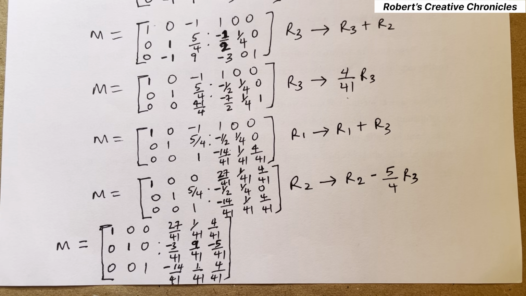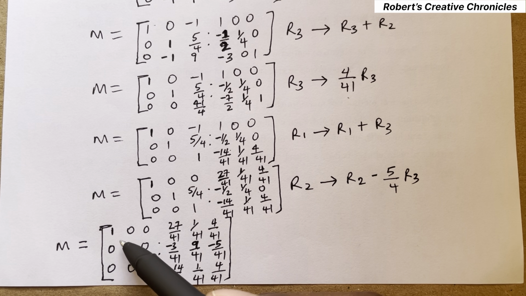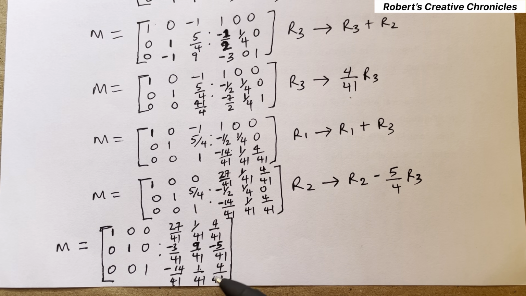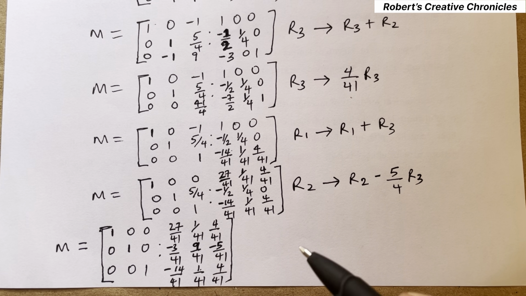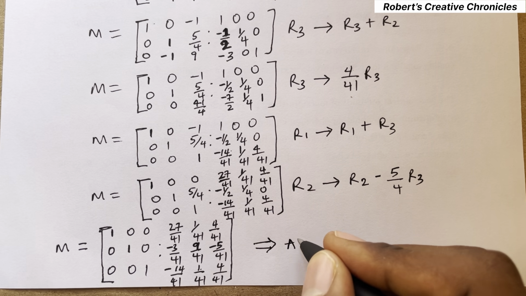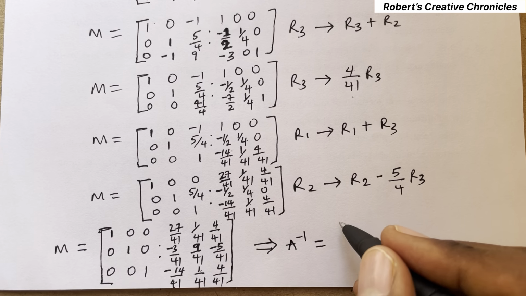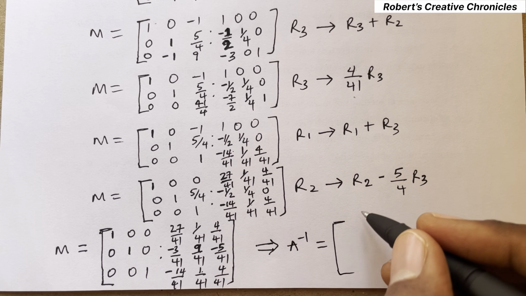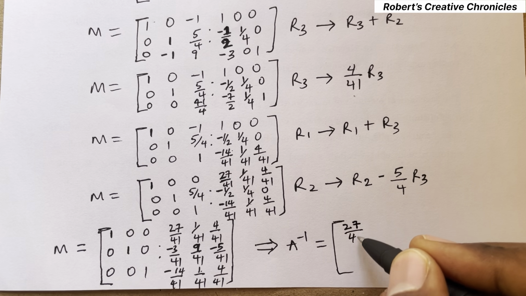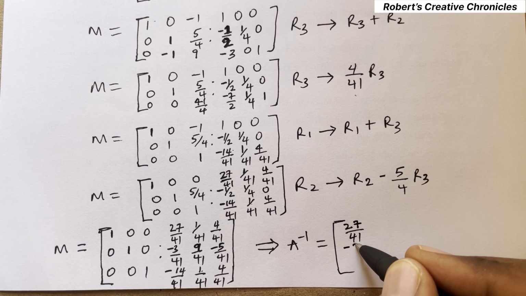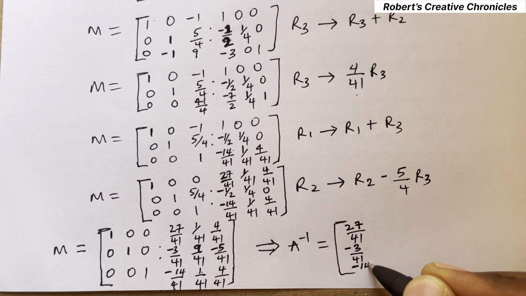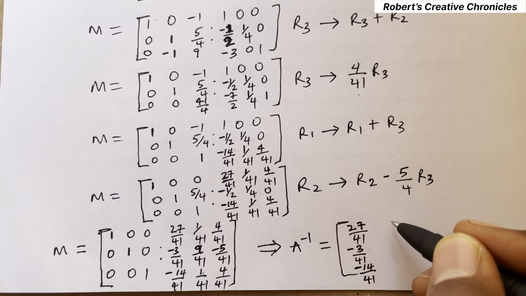So finally, we have converted the matrix on the left-hand side to an identity matrix, a 3 by 3 identity matrix. And the matrix on the right-hand side is known as the inverse matrix. So hence, we can conclude that A inverse is equal to the matrix on the right-hand side, which is 27 over 41, minus 3 over 41, and minus 14 over 41.